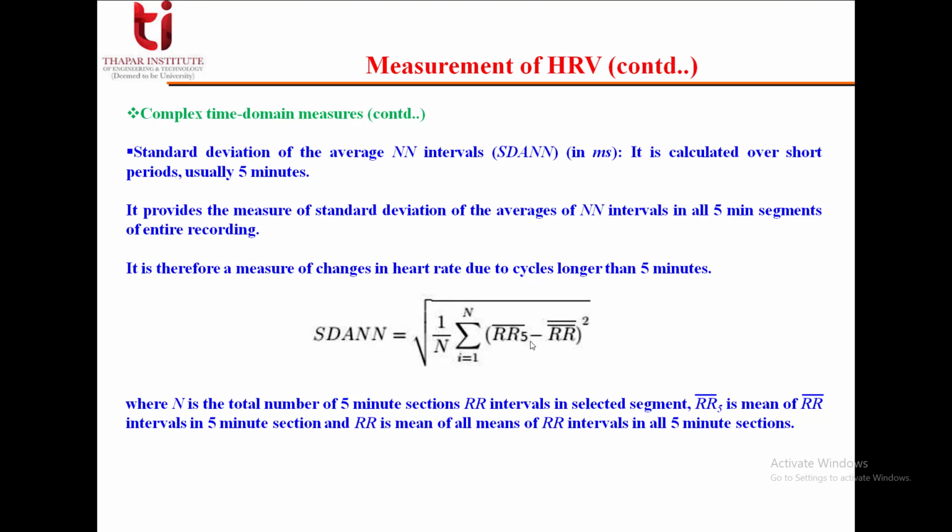Why we kept 5 here specifically: that is the mean of the average RR interval in a 5-minute section, and the RR is the mean of all means of RR intervals in all 5-minute sections. This should be a double bar, so that is the mean of the mean. That's why we are keeping the double bar here.